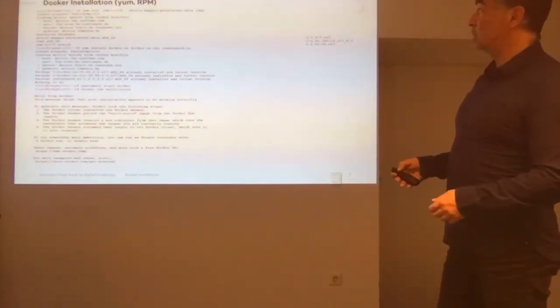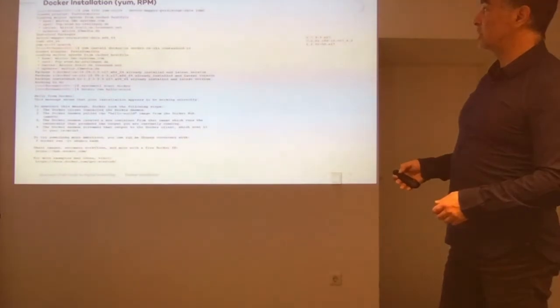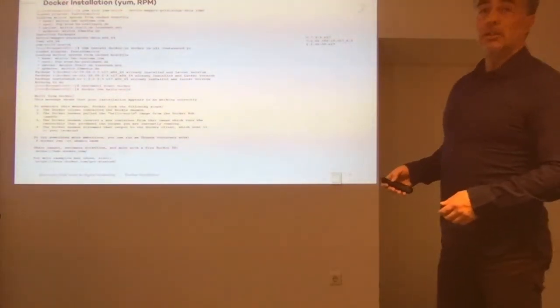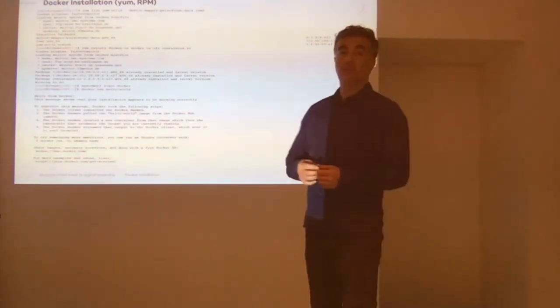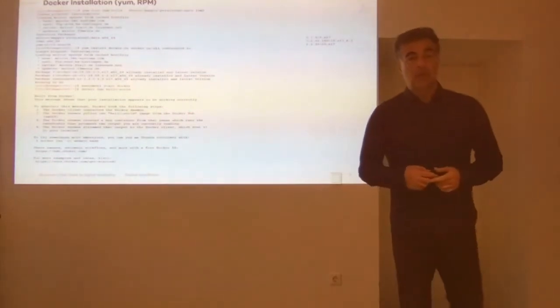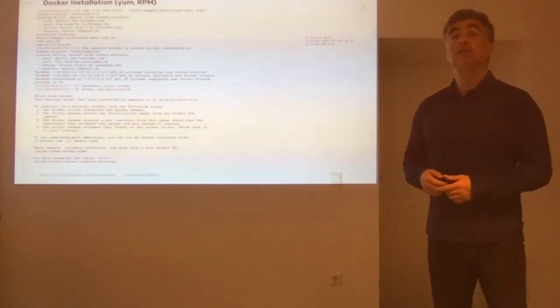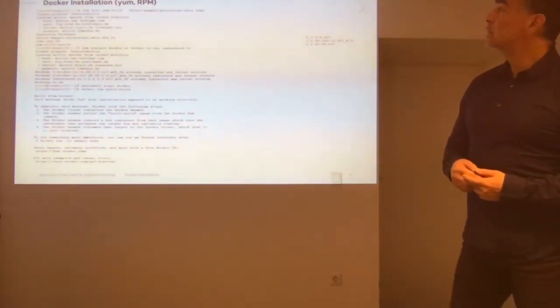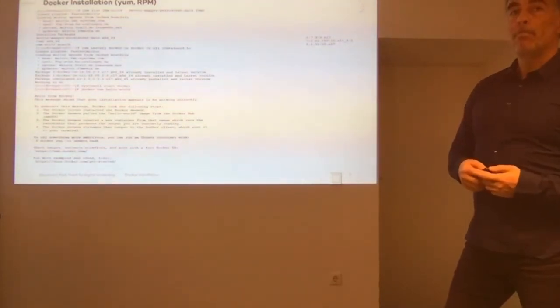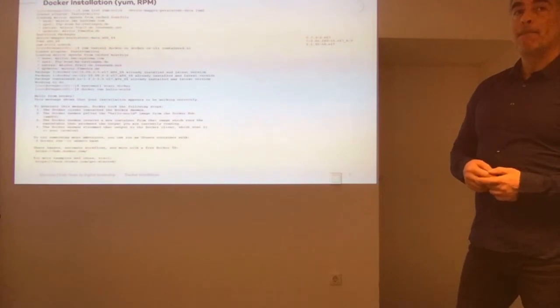So you can see here, we are listing whether yum-utils, device-mapper-persistent-data, and LVM2 exist. In Docker, you can have two different forms of data storage. One of them is on the fly. Sorry, the first line, yum-utils, device mapper, LVM2, this is also a dependency for Docker?